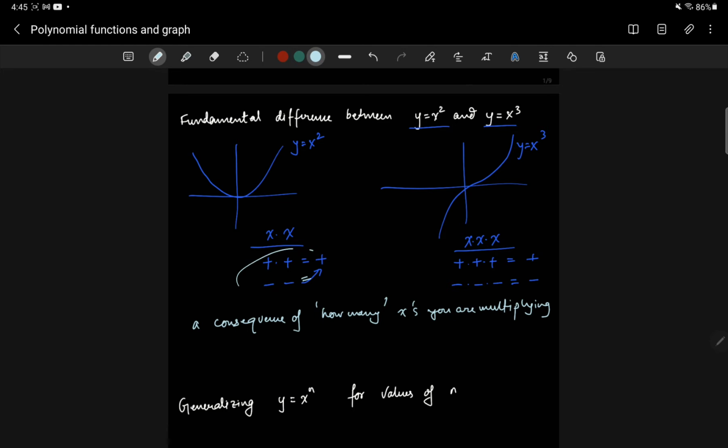Now this happens because there's an even number of x's being multiplied, and this happens because there's an odd number of x's being multiplied. So that when you have an odd number of negative things multiplying, your final result will be negative.